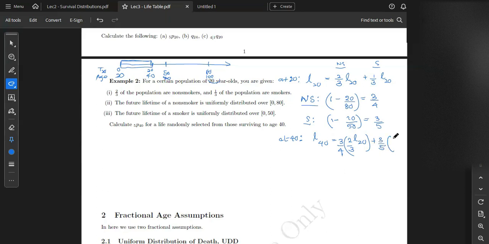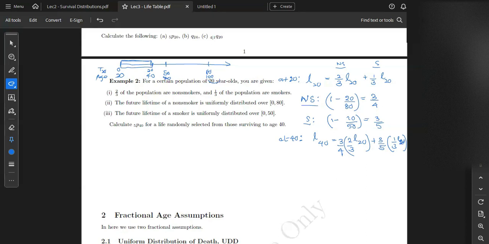And here initially we had 1/3 out of this number, but now out of this we lost 2 parts from 5, like 2/5 of the population. And so these are the survival numbers at the end of 20 years.